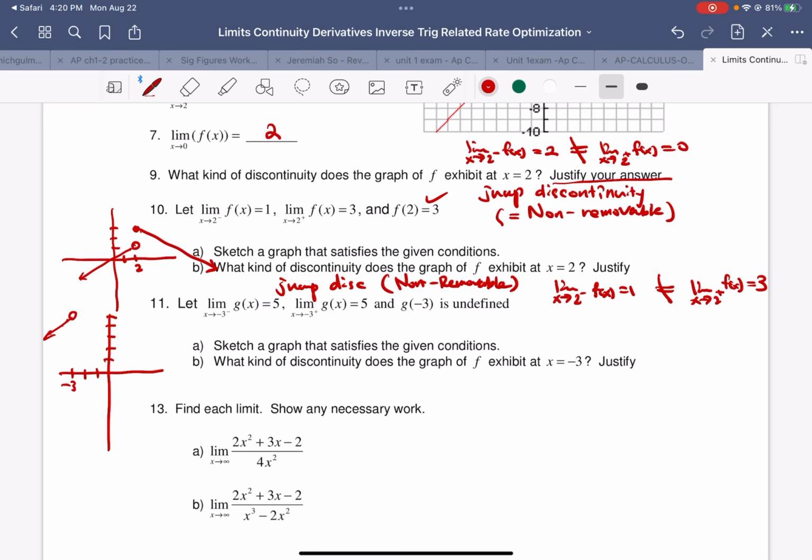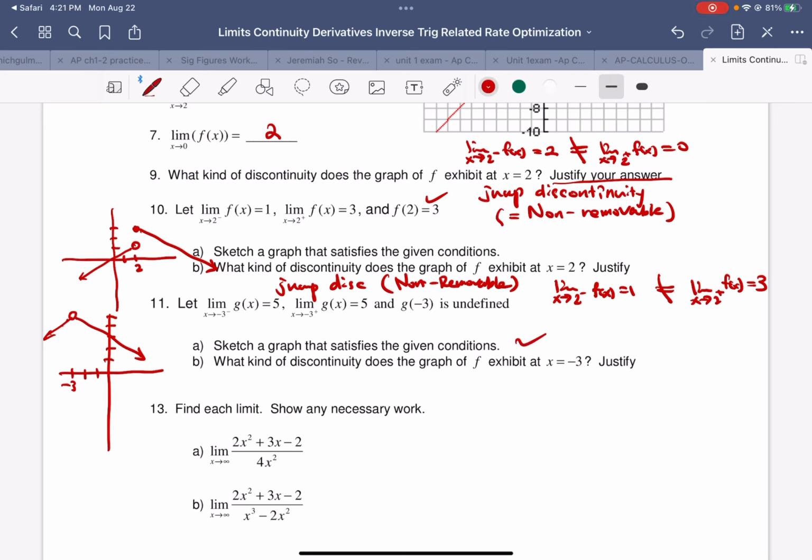Now, when x approaches -3 from the positive side, it is also 5. So you can say like this, right? So the left hand side limit approaches 5, and the right hand side limit is also 5. But g of -3 is undefined. So I didn't fill in this one here, so there's a hole, and that's undefined. Okay, that's one possible sketch.